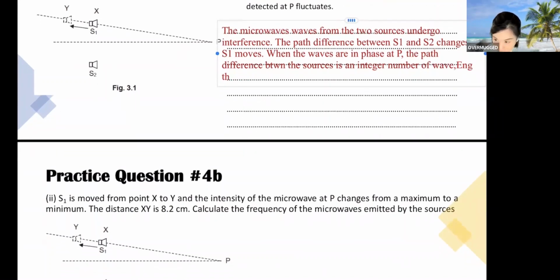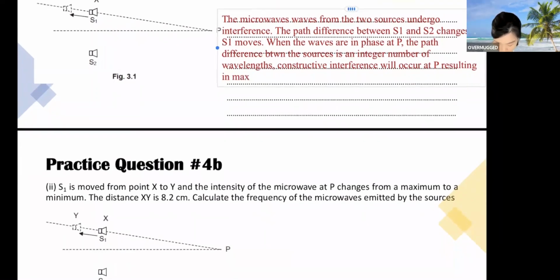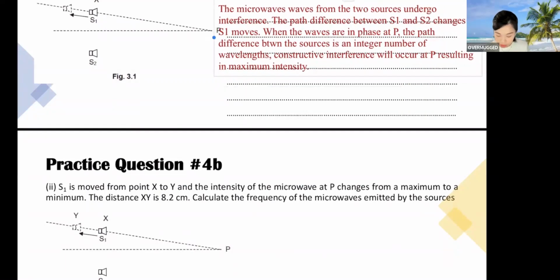So then we say constructive interference will occur at P, resulting in maximum intensity. Okay, so this is for what happens if there is a constructive interference.